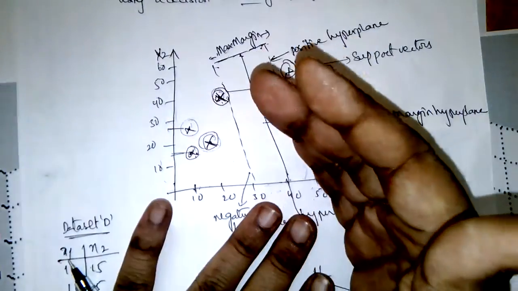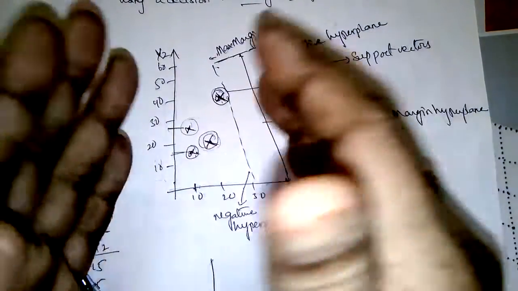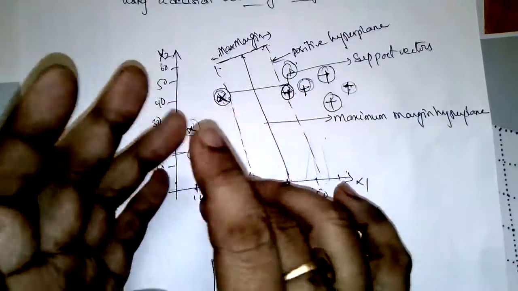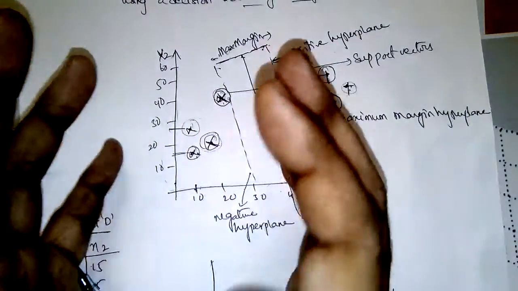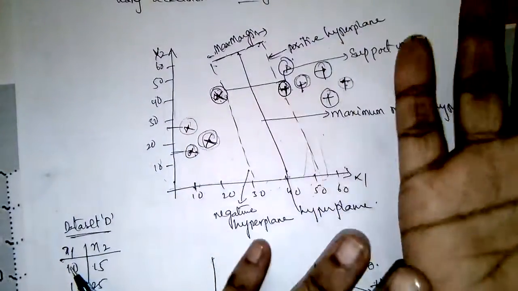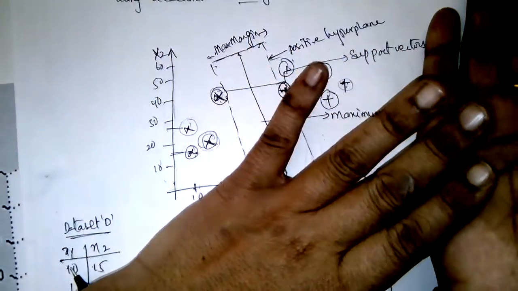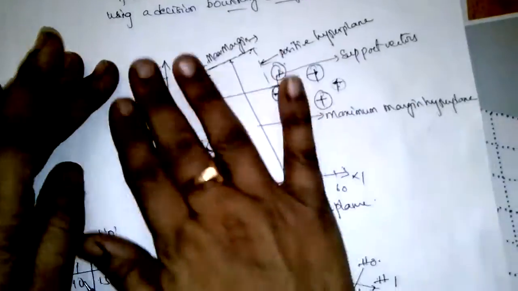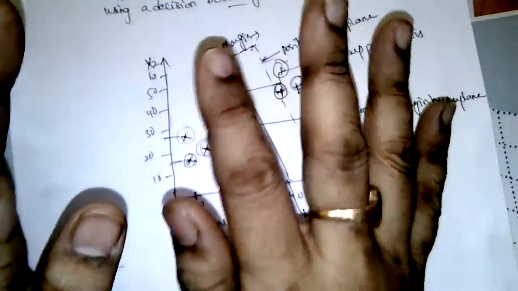Now when we get a new record with x1 and x2 values from 10 to 40, we put it on this side, and for above 40 to 60 we put it on the other side. So this type of plotting we can do simply and linearly.